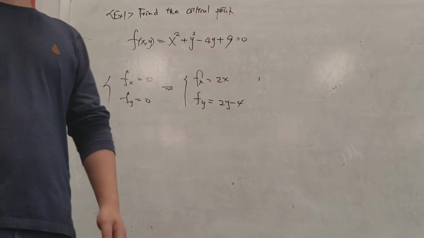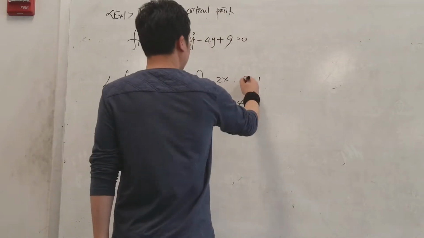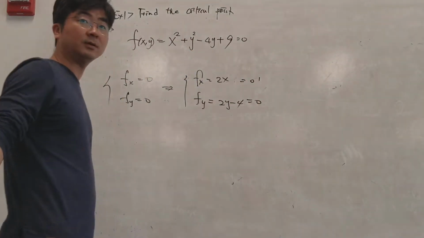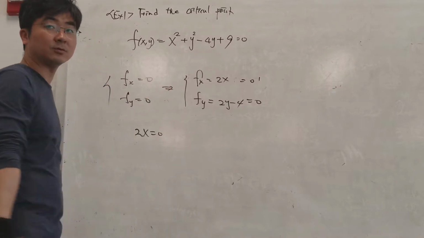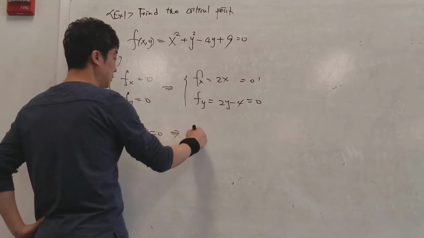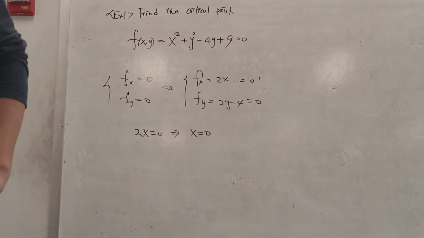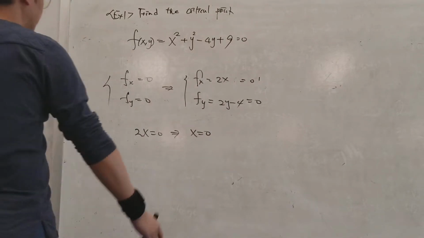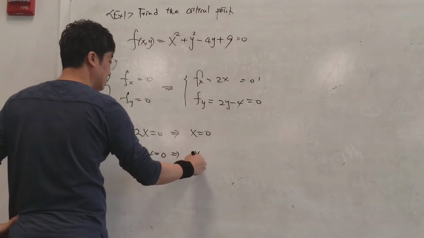Good? Okay? So from the first one, set equal to 0 to get a critical point. We have 2x equal to 0 from f sub x equal to 0. We automatically get x equal to 0, because 2x equal to 0 means x equal to 0. And from the second, 2y minus 4 equal to 0. 2y is equal to 4.